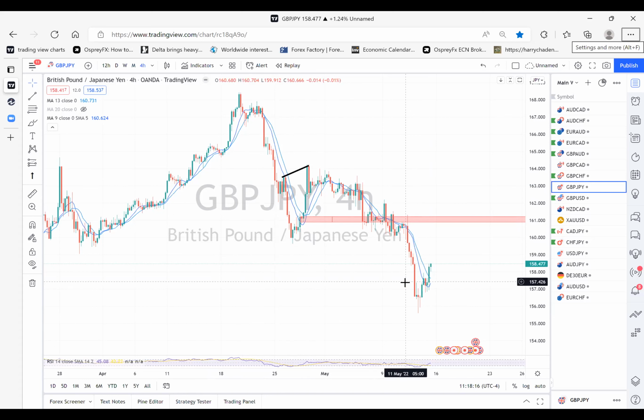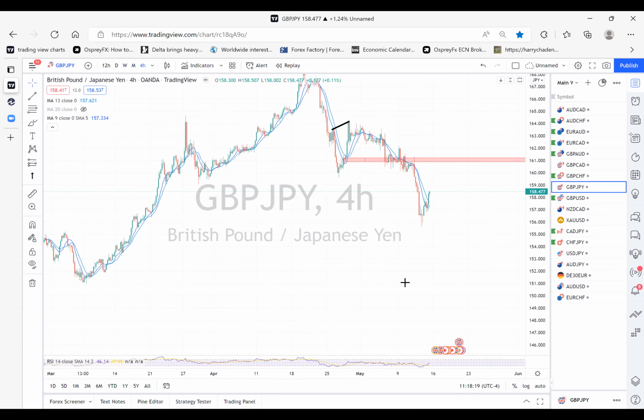When there's recession talk. If you understand your currencies, you'll understand that the Japanese yen is a safe haven currency, just like the CHF, just like the US dollar to a lesser extent. But the British pound is a risky currency, right? And you have that war pressure, and then you have the financial collapse in China, and then you have the lockdown in China.